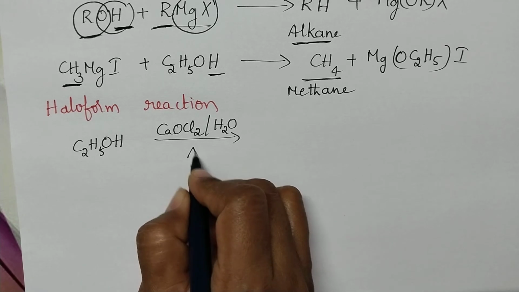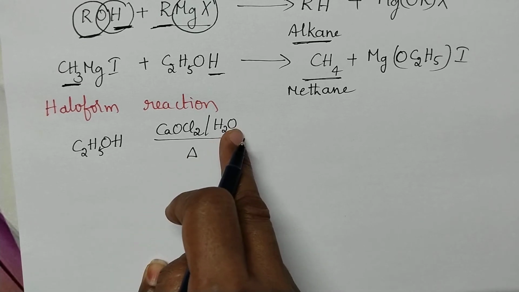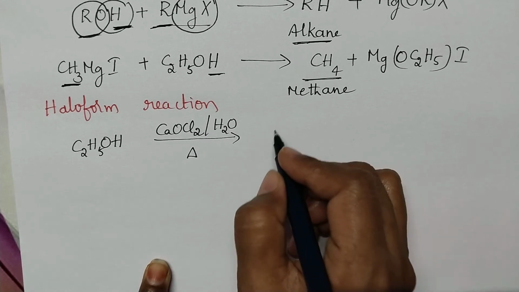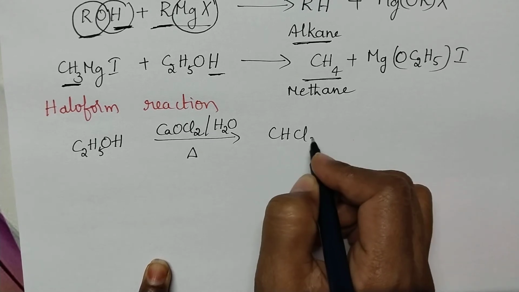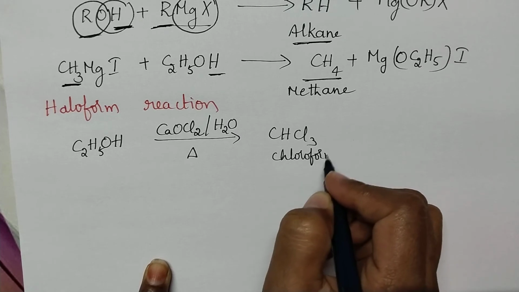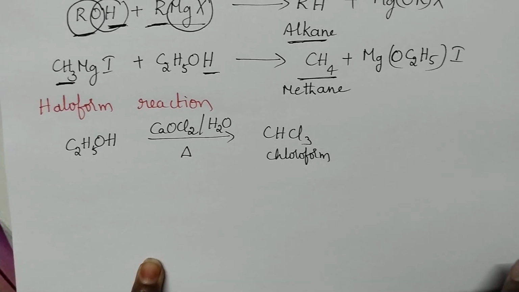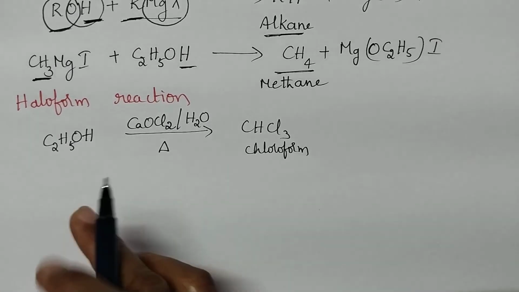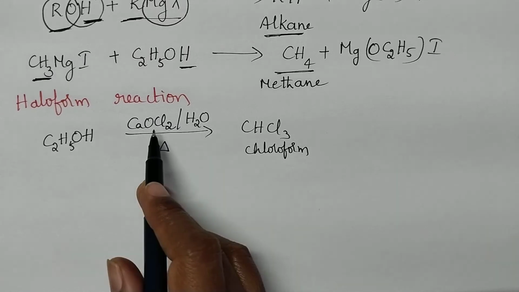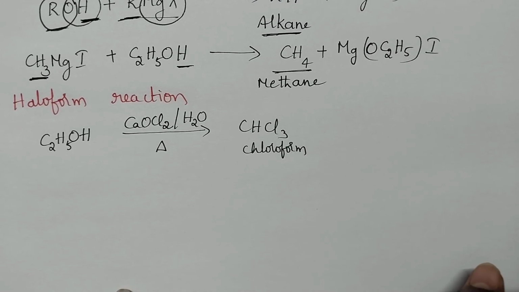So whenever ethyl alcohol is distilled with moist bleaching powder, it results in the formation of chloroform.